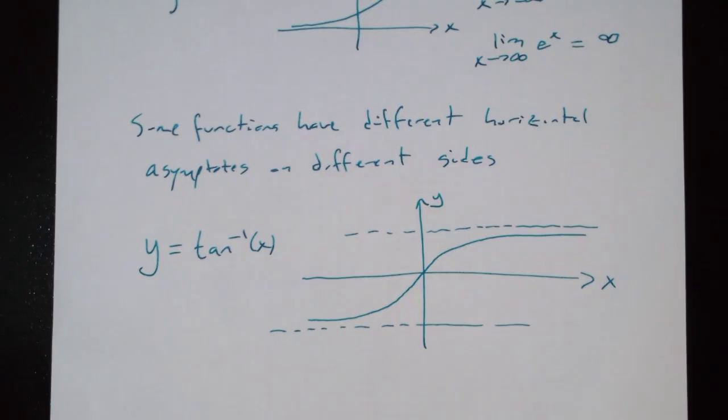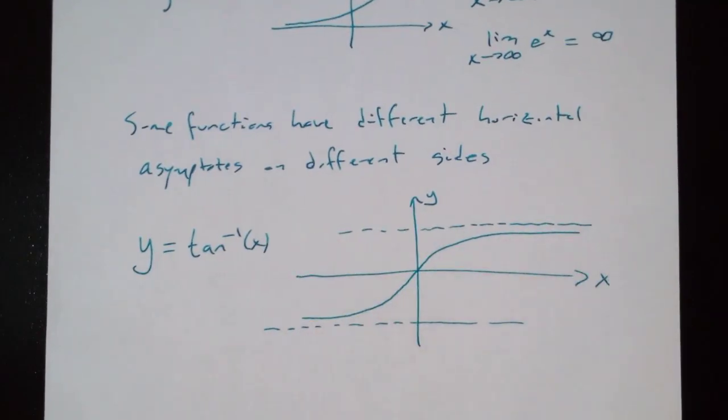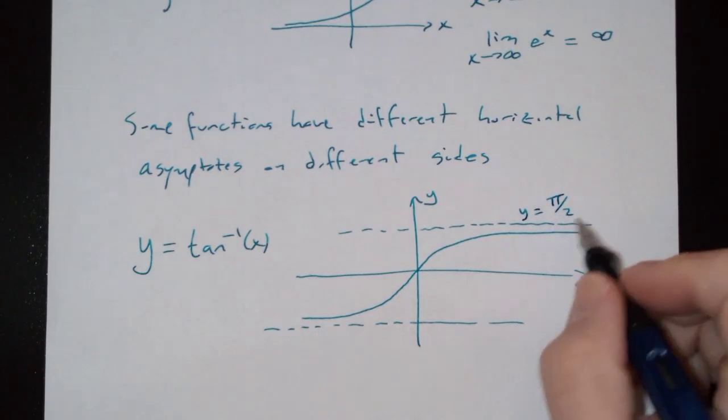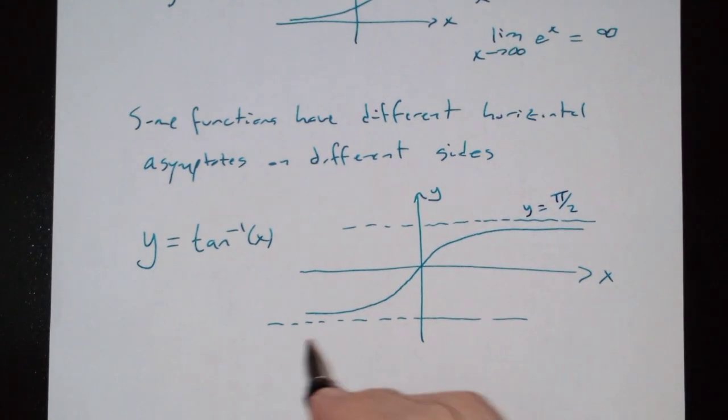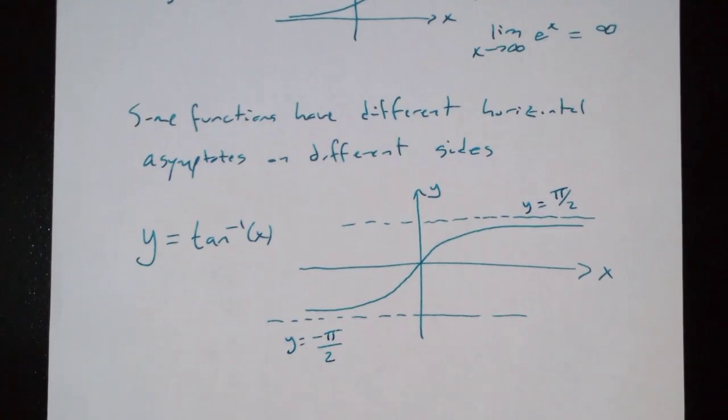If you're at 0, sine is 0. If you're at pi over 2, cosine is 0. And that makes this the horizontal asymptote at pi over 2. On the right, but on the left, it's negative pi over 2. So I have two different asymptotes on two different sides.